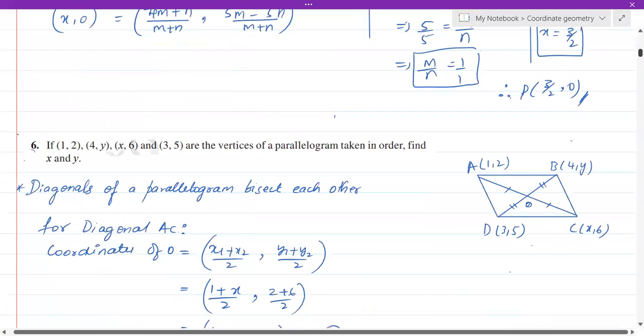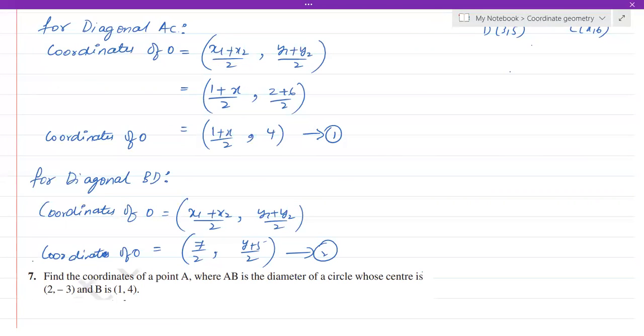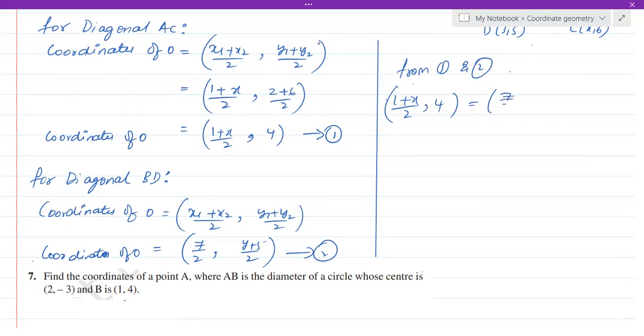You cannot have different coordinates of O. Therefore, from equations 1 and 2, both the LHS are coordinates of O. Therefore, I can equate the RHS: 1 plus x by 2, comma 4 will be equal to 7 by 2, comma y plus 5 by 2. Here we are going to equate the first part with first and the second with second.